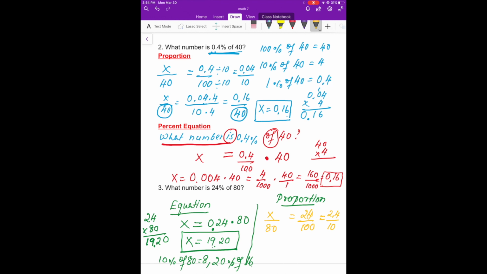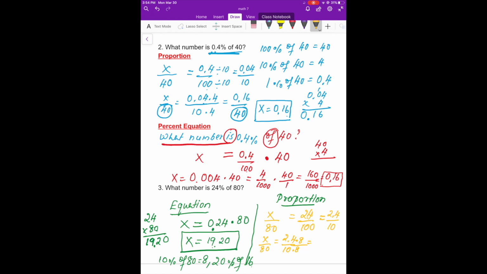Now you can multiply. So our proportion is x over 80 is equal to 2.4 over 10. I can multiply by 8 on both sides, on numerator and denominator, to get an 80 here. So what is 2 and 4/10 times 8?